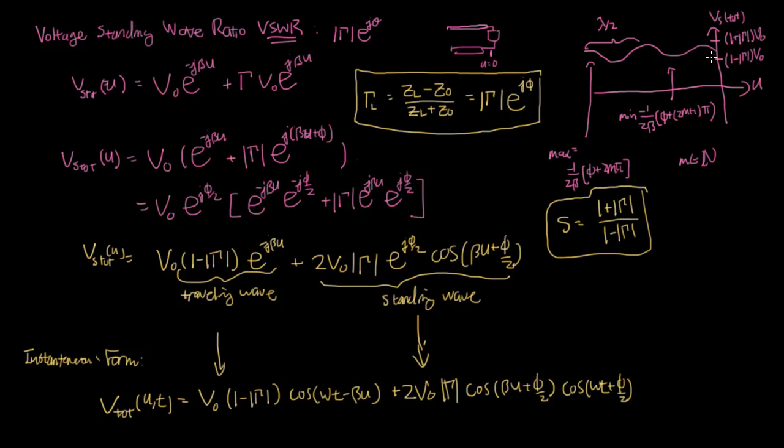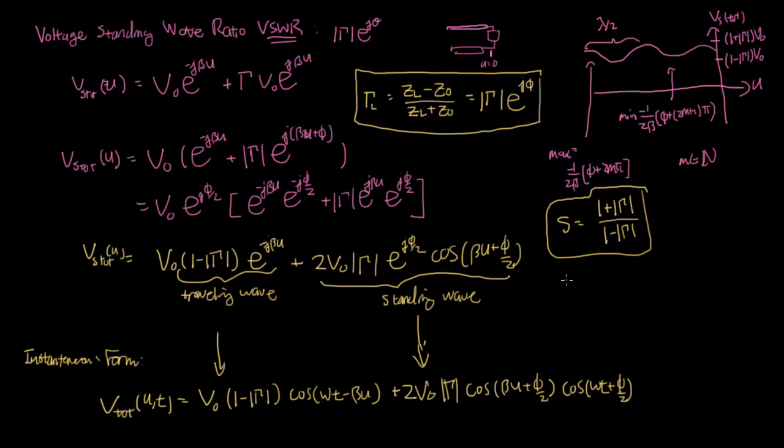Therefore, if you were able to take a really good high resolution measurement of the voltage envelope as a function of position, and compare the two, you can get your VSWR, and then from your VSWR, using this relationship, you can then solve for what gamma is. Now remember, gamma ranges from plus or minus 1, plus and minus 1 being the open circuit and short circuit.